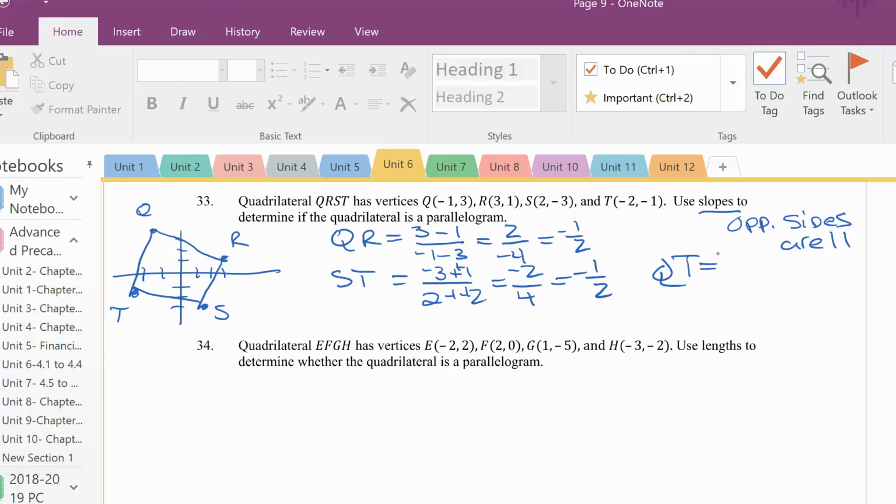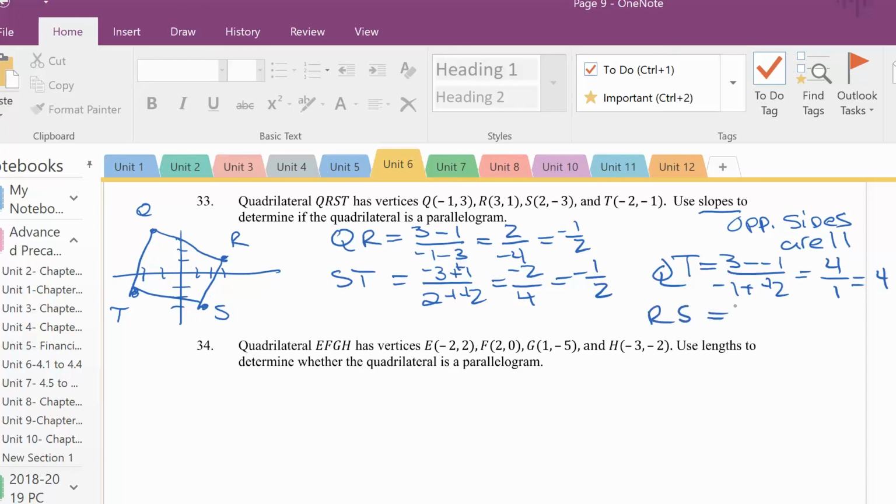So then I do the other side, so QT. QT, 3 minus -1 over -1 minus -2. So it's equal to 4 over 1, which is 4. And then the same with RS.